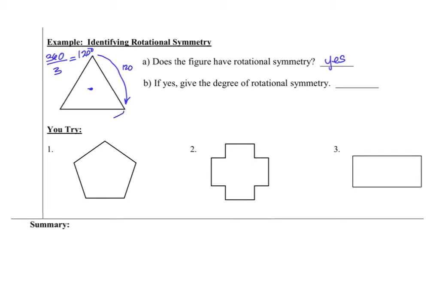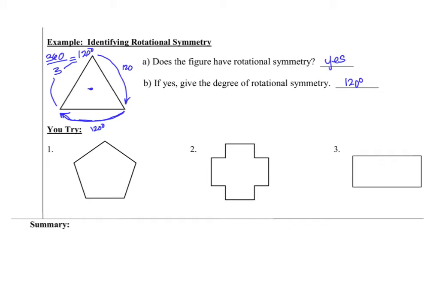And then I can turn it here, another 120 degrees, and it would still map onto itself. And then another 120 degrees, and it would still look like the exact same triangle. So the degree of rotational symmetry would be 120 degrees. And we got that by taking the vertices, which were 3, and dividing that into 360.